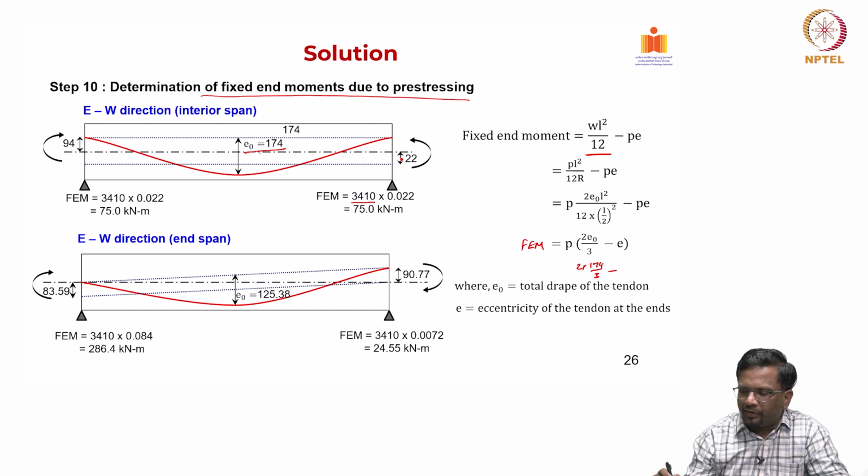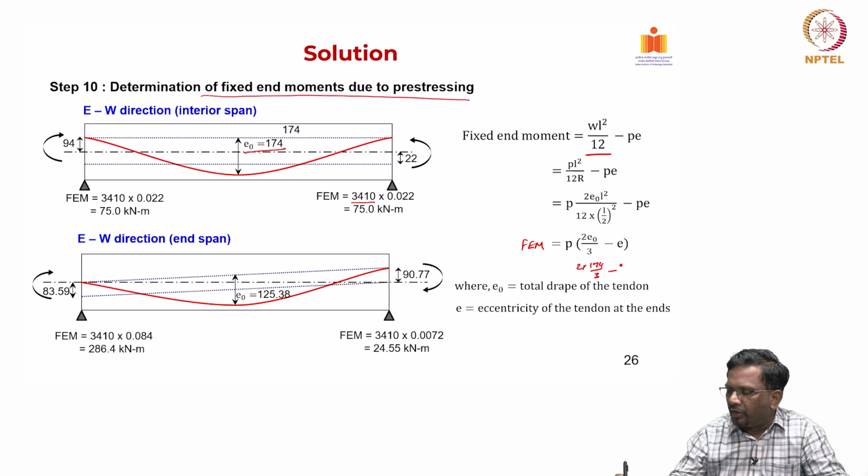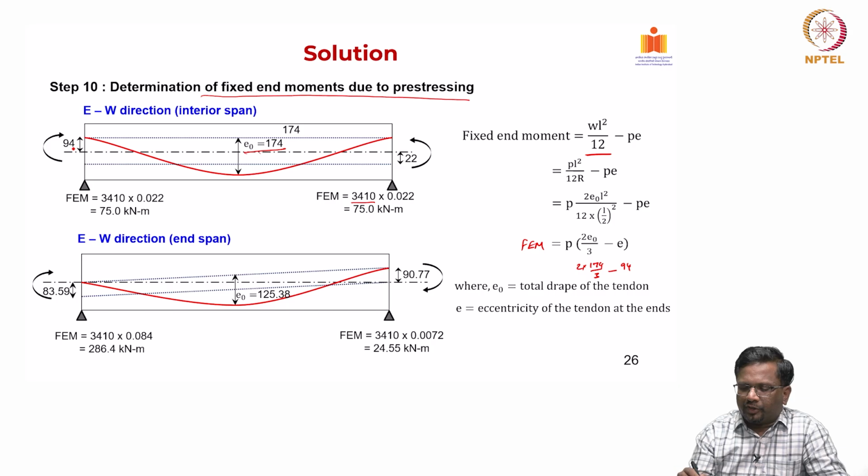In other words, the eccentricity is 94 in this case, right. So, if you substitute that, you get your fixed end moment for the interior spans as 75 kilonewton meter.